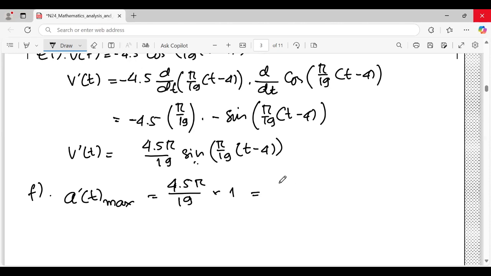So the result is 4.5 pi over 19, and the unit is meters per second squared. This is not F, sorry, this is E part 2.